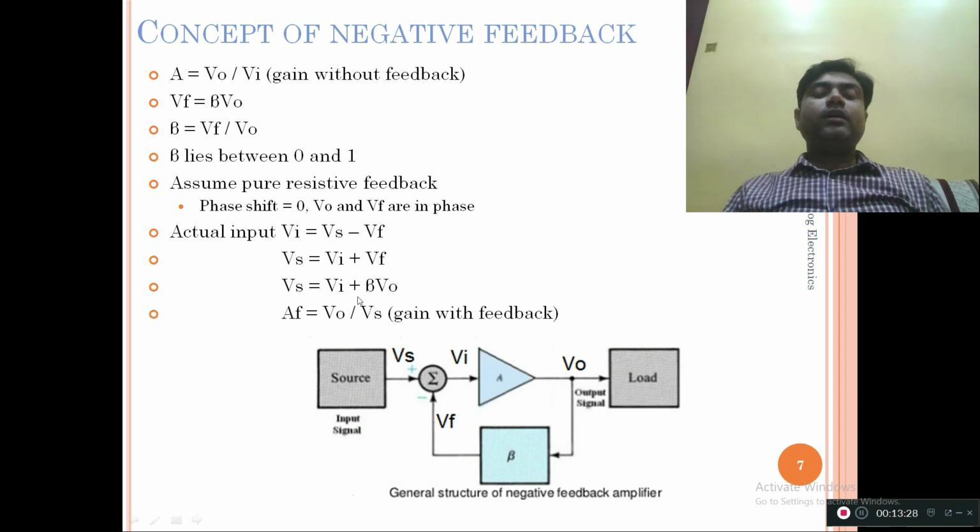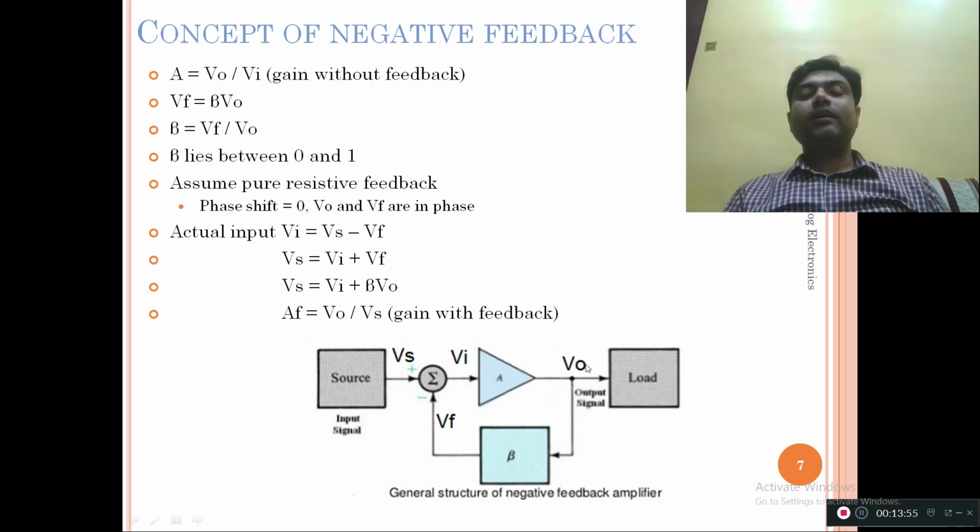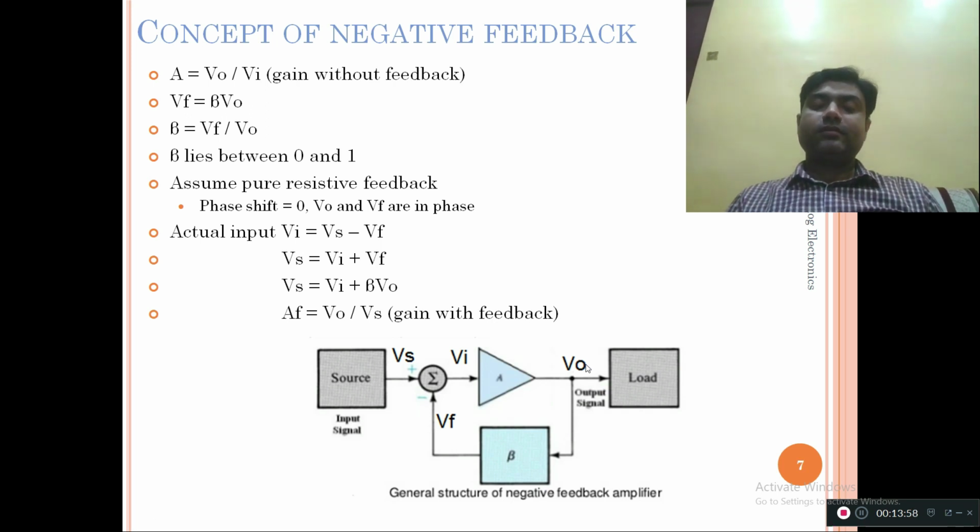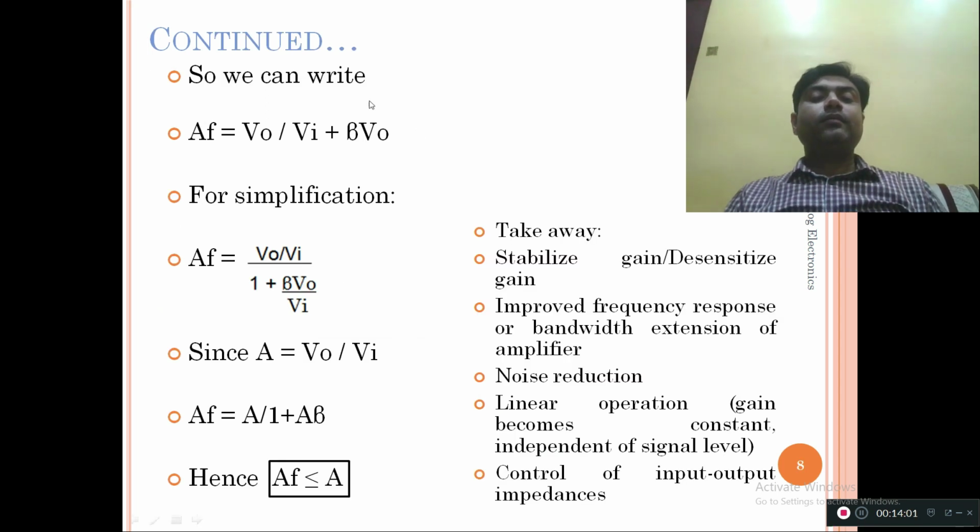In general terms, if we want to define the gain with feedback, then it has to be Vo upon Vs. It can be correlated with the AVS, which we have already read in the first unit, where we have seen that AVS is nothing but the gain with voltage source Vs. So here AF, which is the gain with feedback, has to be equal to Vo upon Vs. Moving ahead, we have replaced the value of Vs from the previous equation, and Vs can be written as Vi plus beta V0.